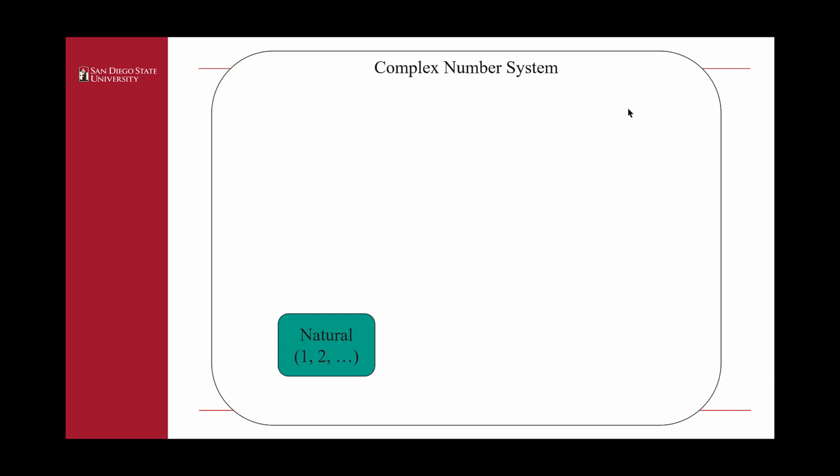Complex number system is a very large set of numbers. It includes natural numbers from 1 to infinity, and also whole numbers. Of course, 0 is another complex number, because you can always assume that it is 0 times i or 0 plus i.